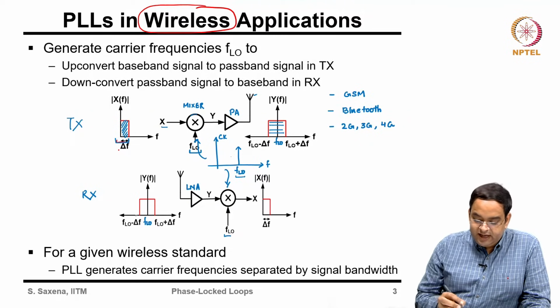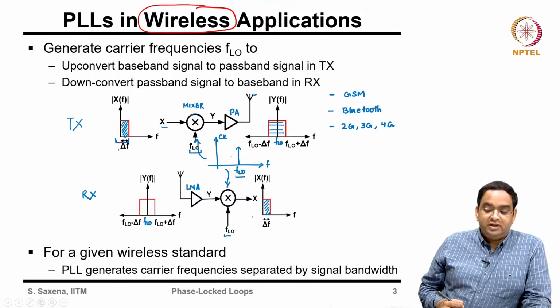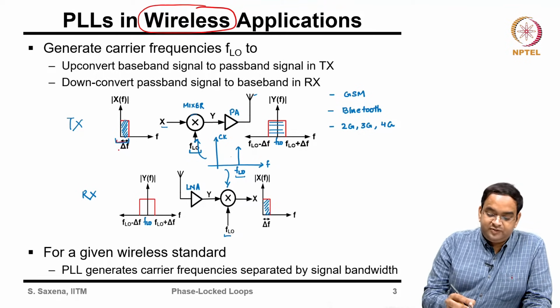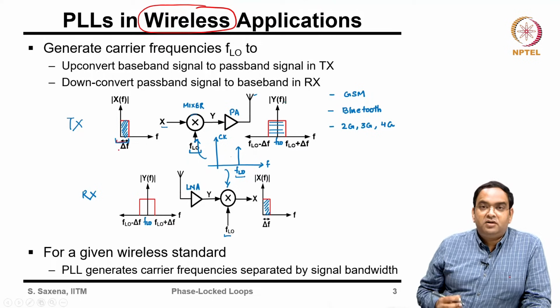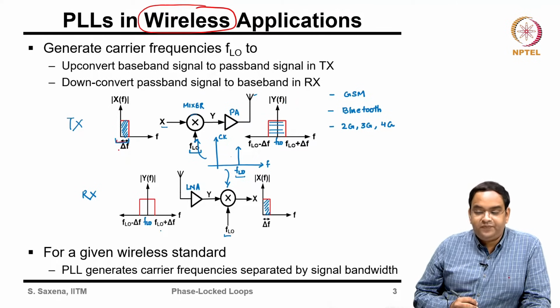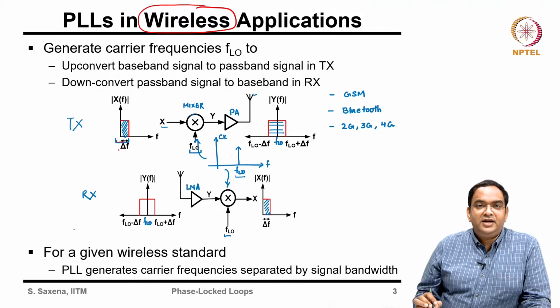You multiply it and you down convert, and here is your baseband signal which you recover. So, on the transmitter side, you converted your baseband signal through a mixer to your pass band signal, and on the receiver side you down converted this signal. And this happens in all kinds of wireless receivers.